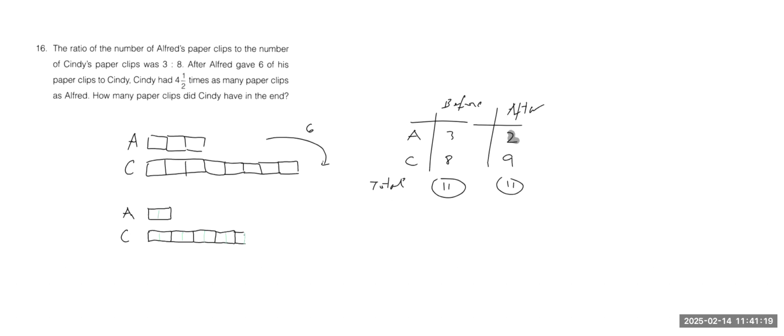So I don't like the diagram. Sorry, I'll have to erase there just to make it much more authentic and real to the situation. Okay, so what happened? Alfred really gets less. But Cindy, she should have more, right? So whatever Alfred gets less, Cindy gets that much more.